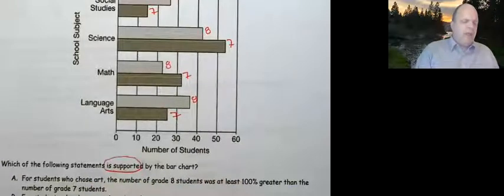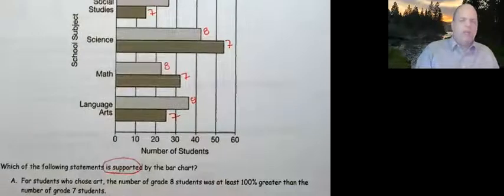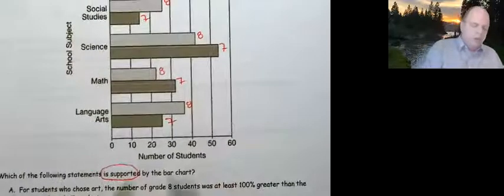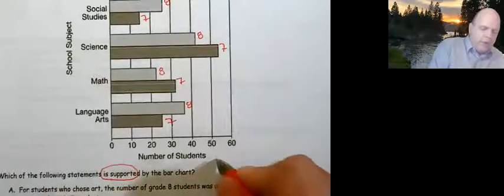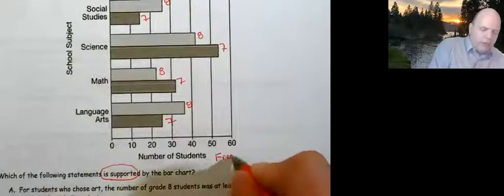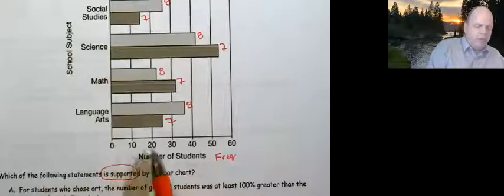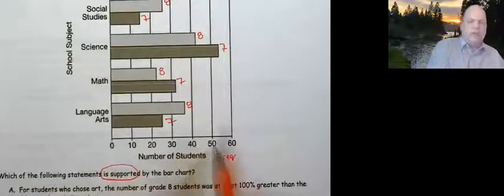We don't know how many of each type were taken, but be careful. This is a number. So now we're not doing a relative frequency. This is the frequency. So we have 10 students, 20 students, 30 students, 40 students, 50 students.